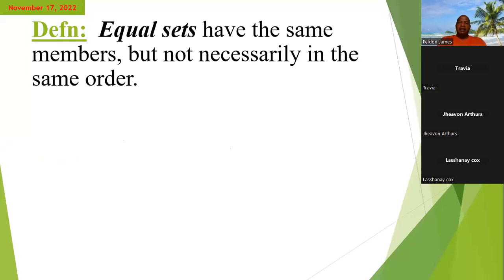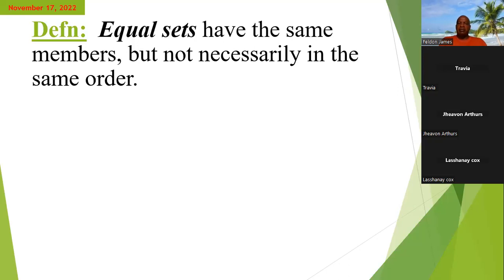Moving along. Here we have the definition for equal sets. Equal sets have the same members, but not necessarily in the same order. Once two sets have the same members, then they're equal. Take for instance a classroom where the same students attend every day.